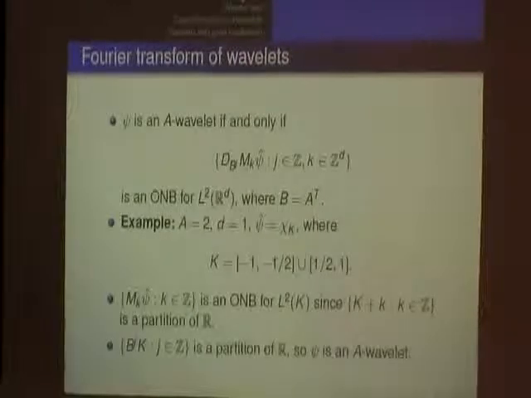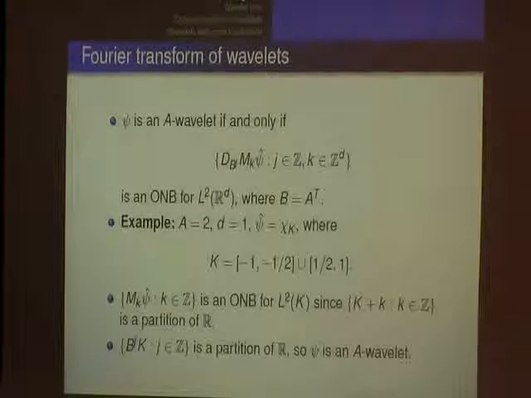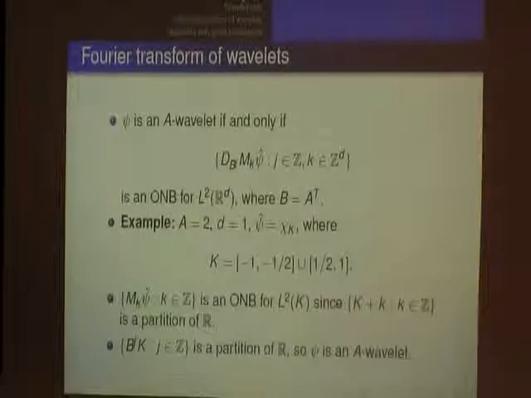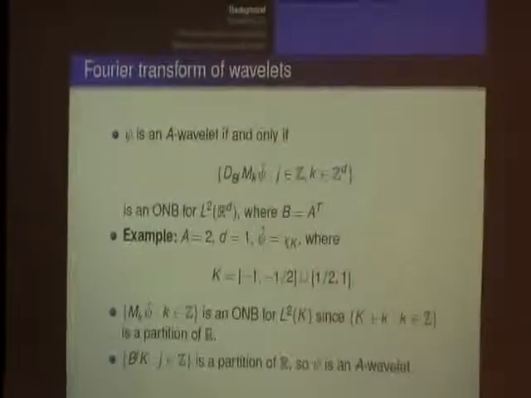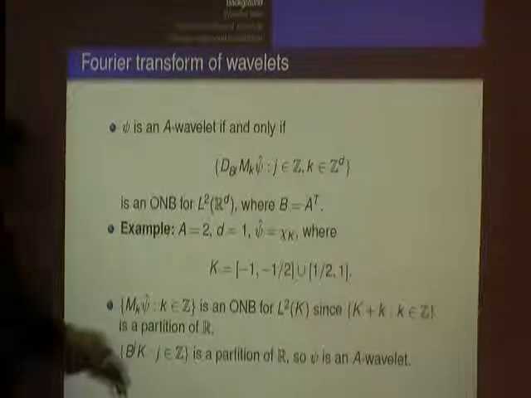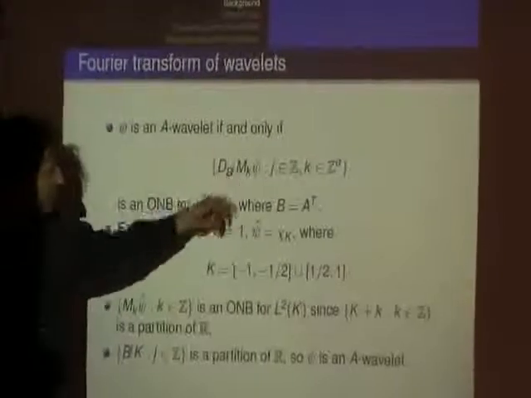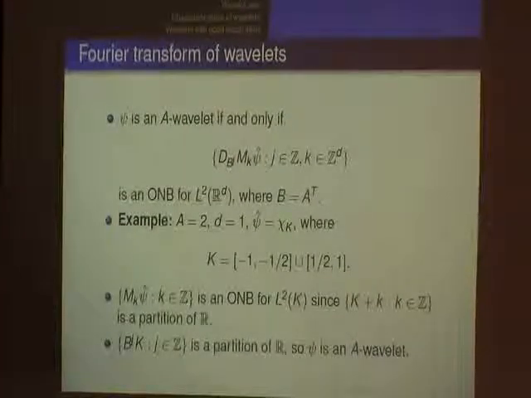The fundamental example for the type of work I've been doing in this area is not via the wavelet in the time domain, but rather taking the Fourier transform. You probably all know that under the Fourier transform, translations become modulations, and dilations by A become dilations by the transpose.